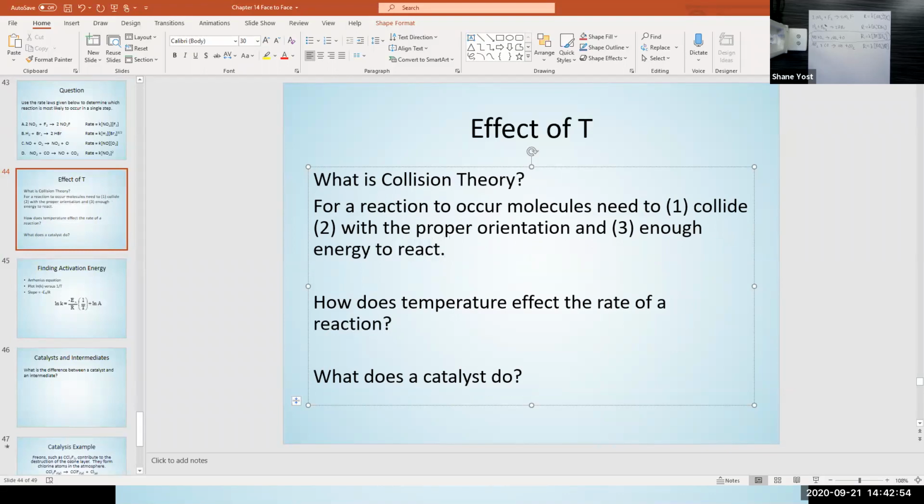So that's basically just what collision theory is stating: molecules need to collide with the proper orientation and enough energy to react. Okay?